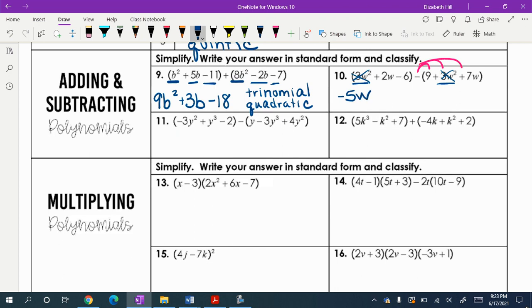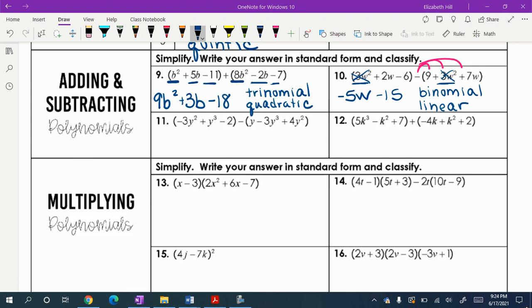Negative 6 minus 9 gives us negative 15. I went from taking 2 trinomials to a simplified binomial with a degree of 1, so we would refer to that as being linear.